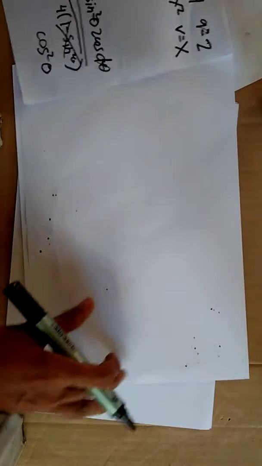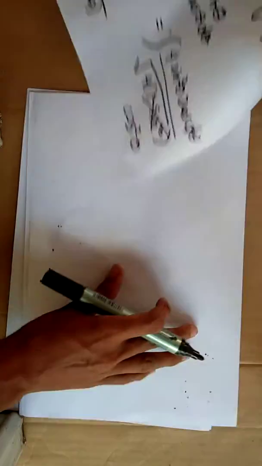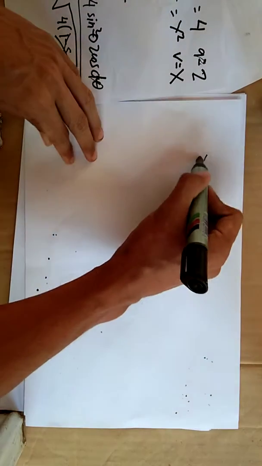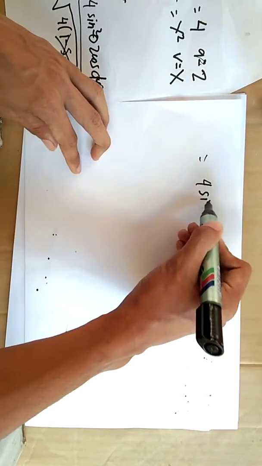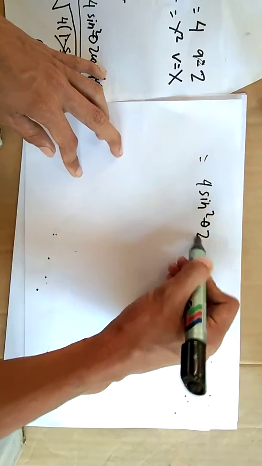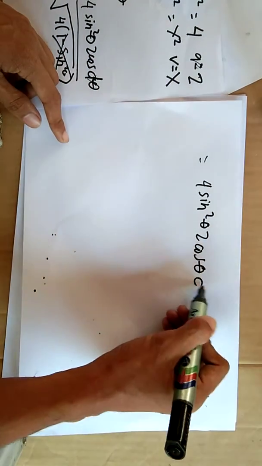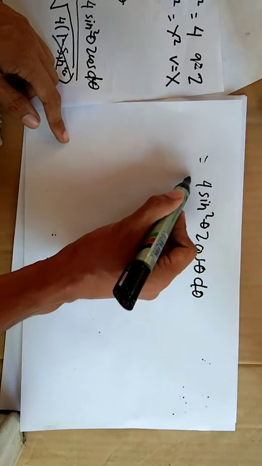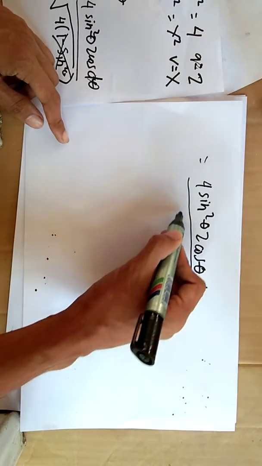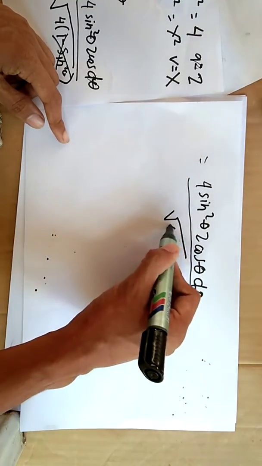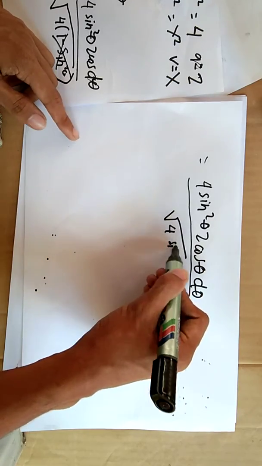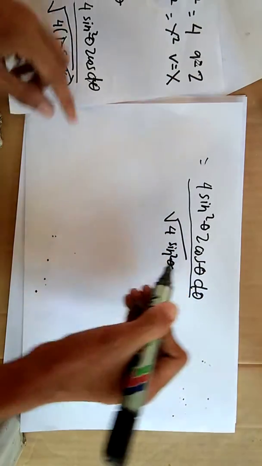So our equation will be 4 sine squared theta times 2 cosine theta d theta over the square root of 4 sine squared theta.